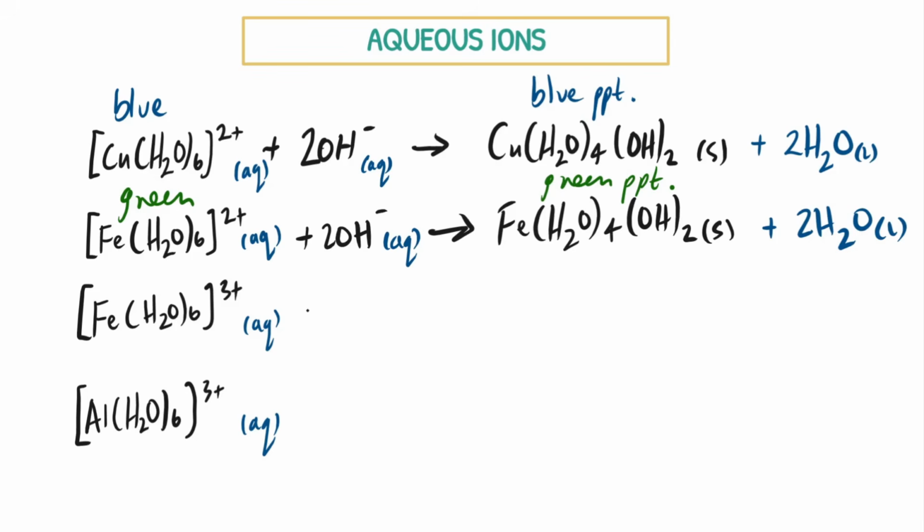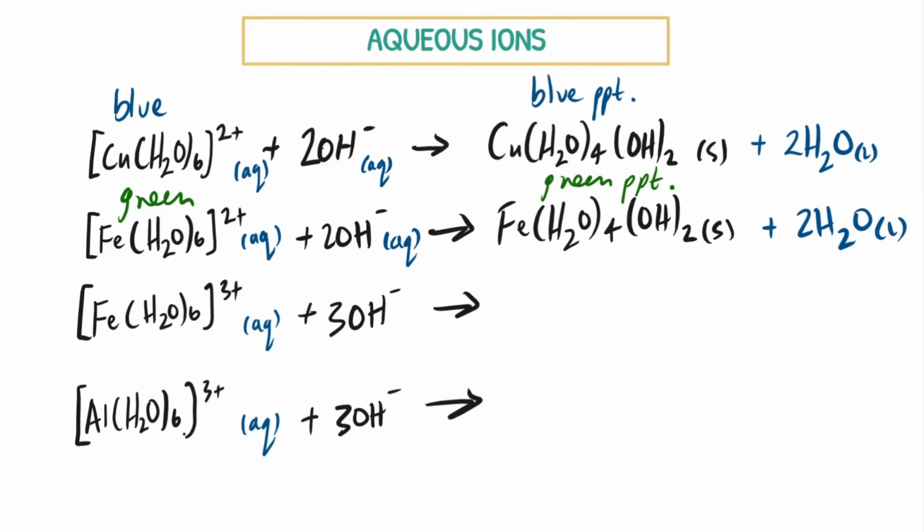Okay, so let's quickly move on to our 3+ ions here. Now, I'm not going to spend too much time explaining things here, but just remember my tip from before. If it's a 3+ ion, how many moles of hydroxide are we going to be reacting with? 3. Okay, simple as that. So both of these, for the iron and the aluminium, is going to be 3 OH minus.